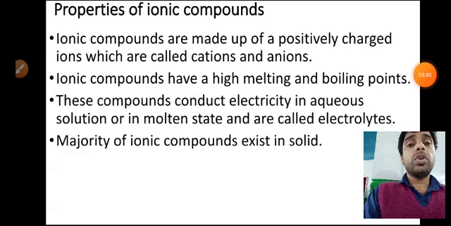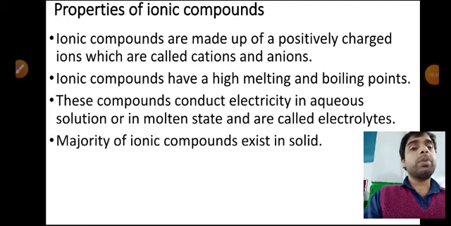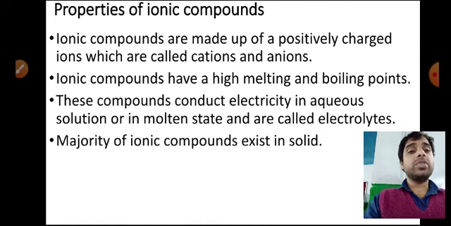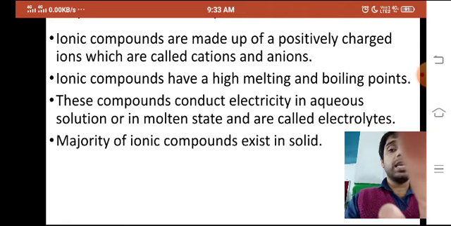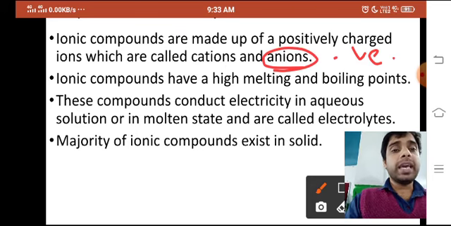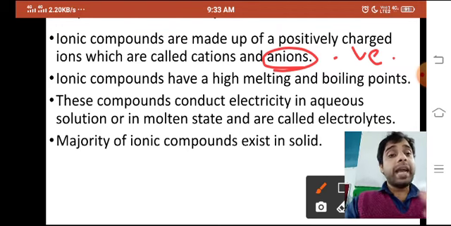Then, the properties of ionic compounds. They are made up of positively charged ions called cations and negatively charged ions called anions. Ionic compounds have high melting and boiling points, as they are formed from cations and anions, so their bonding is very strong.